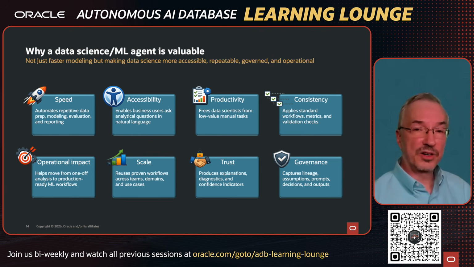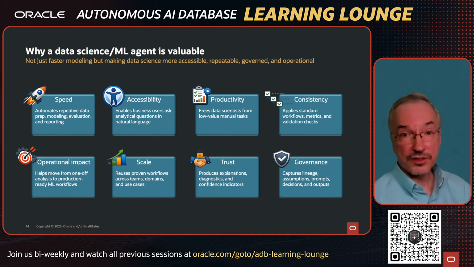Now, the value of a data science or machine learning agent goes beyond simply building models faster. Of course, speed matters. Many repetitive tasks, such as data profiling, feature preparation, model training, and model comparison, can be automated. And that means a shorter path from question to insight. An agent also improves accessibility.